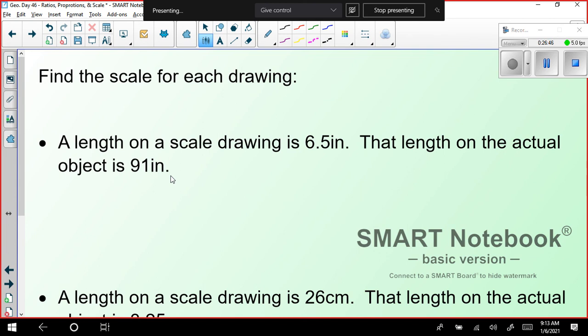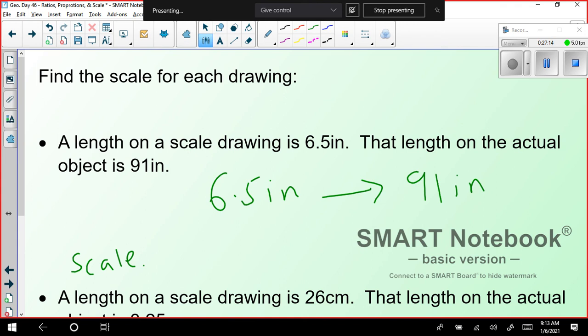On the scale drawing, we have 6.5 inches. In reality, the length of the object is 91 inches. They are asking us to get the scale.